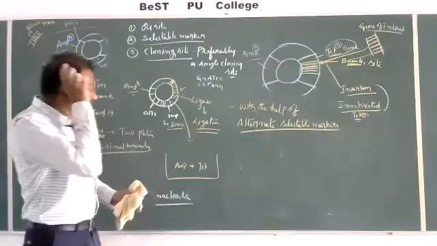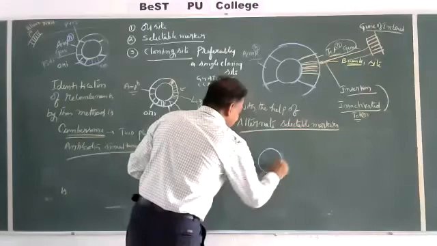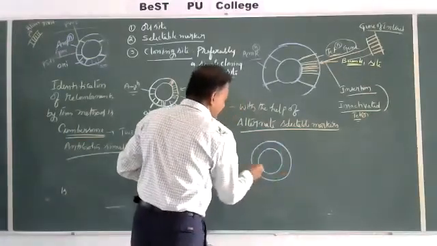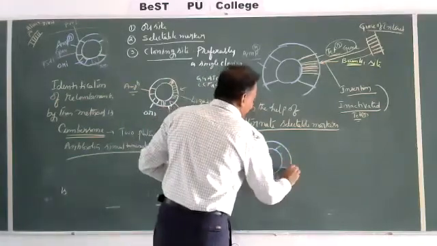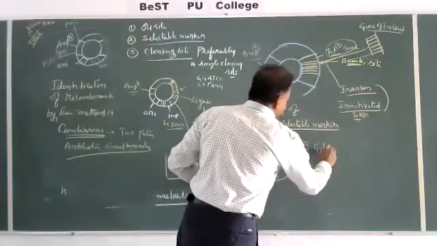What is that alternate? They have identified, while preparing the RE site, that in bacteria the beta galactosidase gene is there.